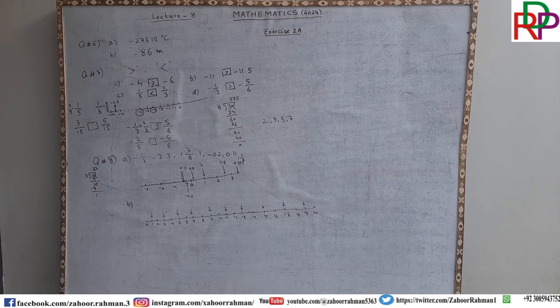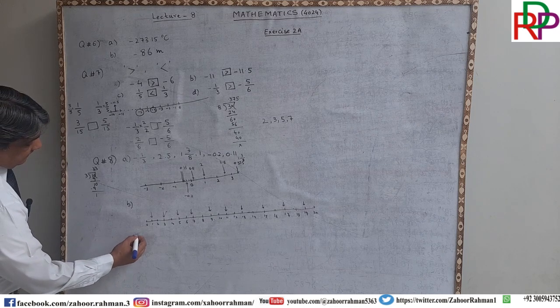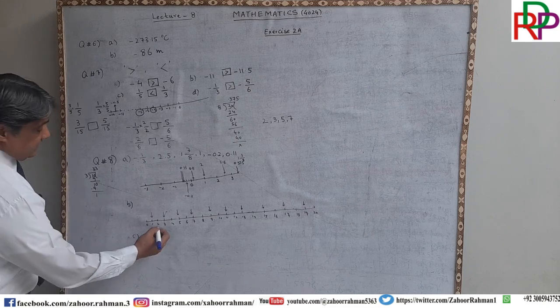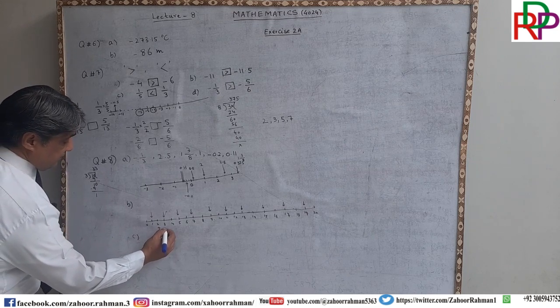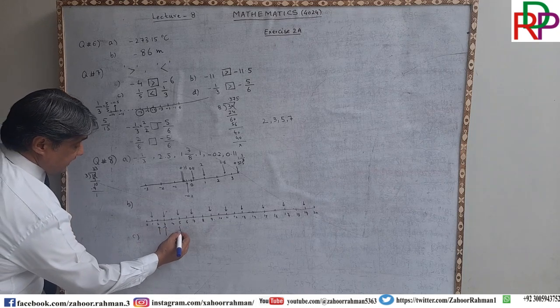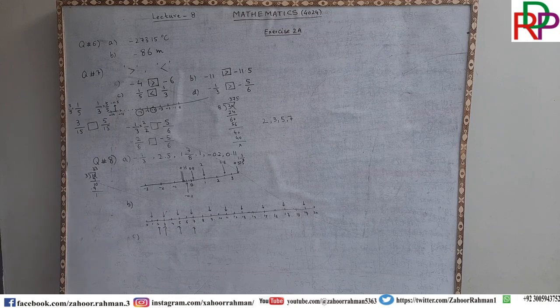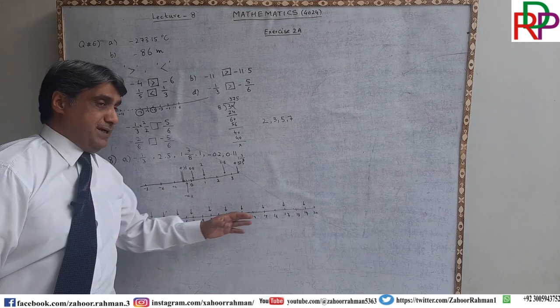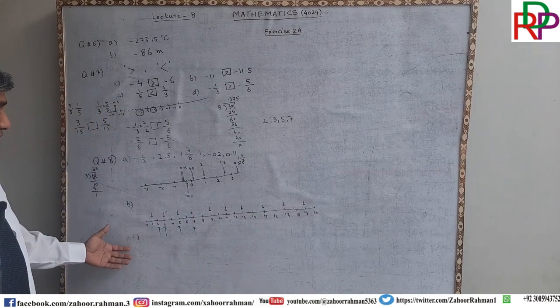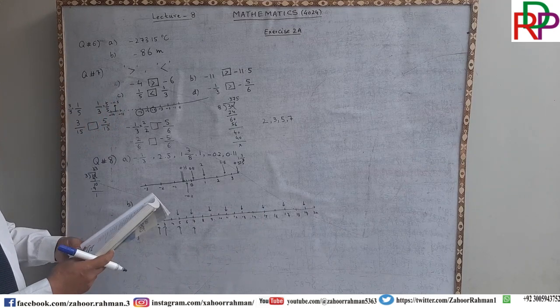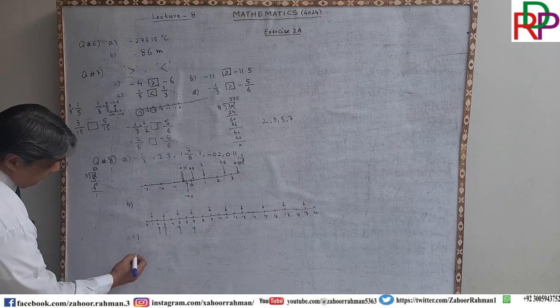So 10 is not included. On this particular line, I am saying that one is this, one is this, and then 5, and then 7. This is the answer. You will have to illustrate it on a separate line, but I am doing it on the same line to save time.